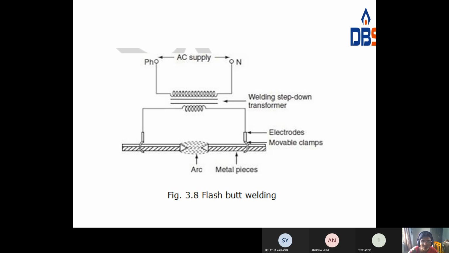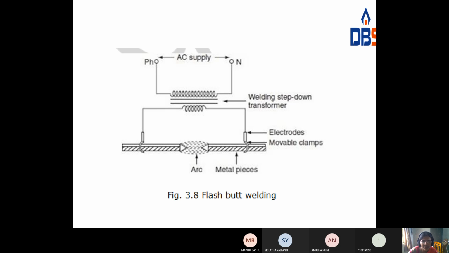Whenever the current passes through the electrodes, the air gap gets ionized and an arc is produced. That arc joins the two metals. That process is nothing but flash butt welding. Some arc will be produced, and arc is nothing but flash, so that's why it is called flash butt welding.